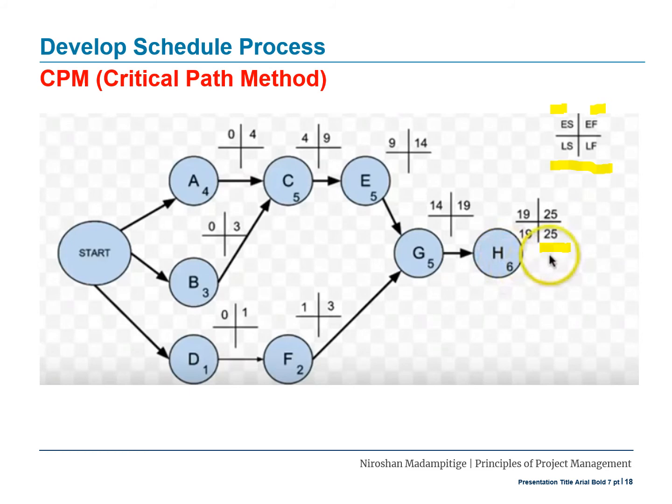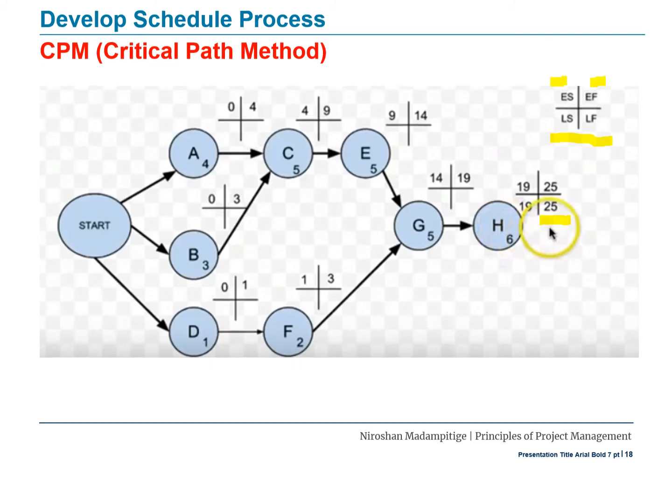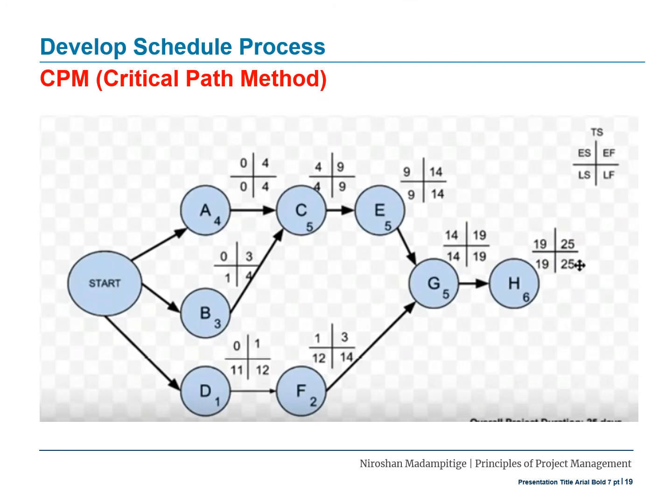Now once you calculate this, the next one to the left of H is G. G takes 5 days. Now let's start from here. What is the late start of H? 19. So if G takes 5 days to complete, when you minus 5 from 19, that becomes 14.